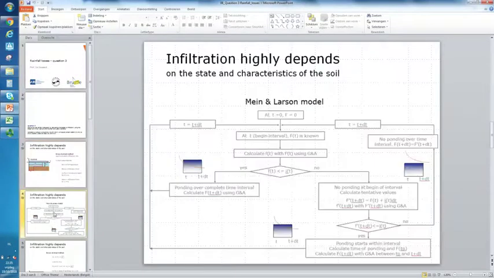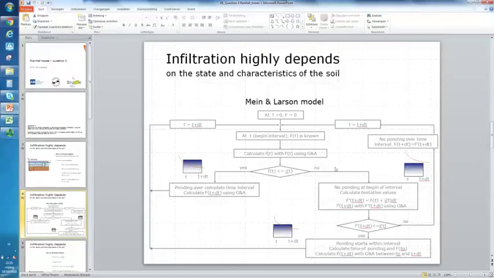Now, if we look back at the Mein and Larson scheme, we should always keep in mind that we should actually work with intervals. And that's also what we are going to do during this exercise.